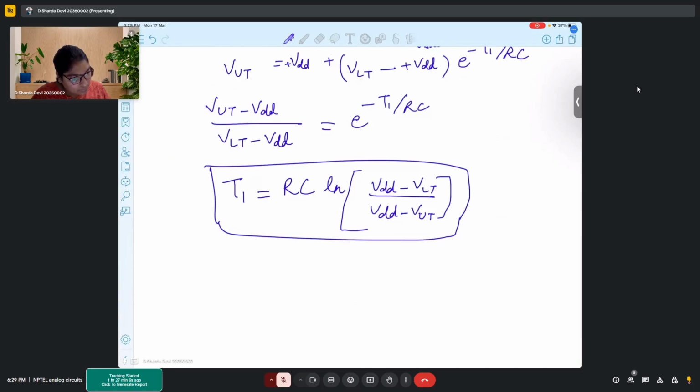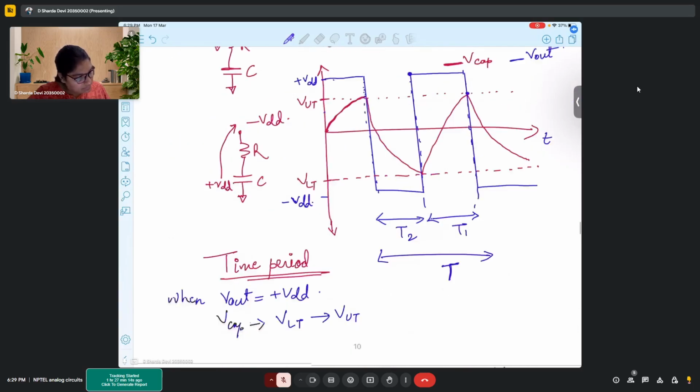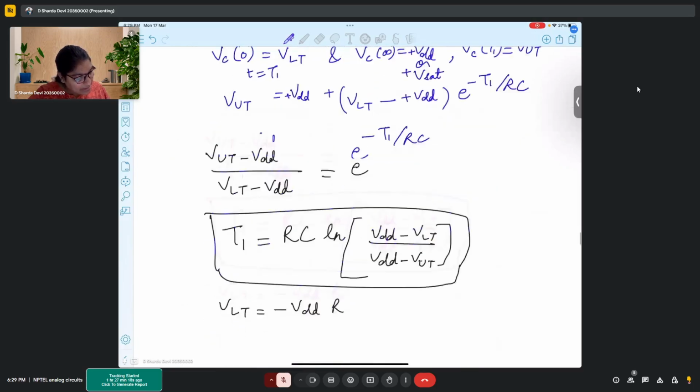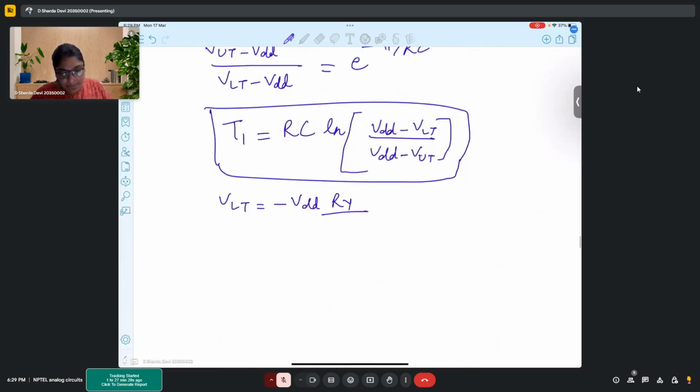Now VLT, we know it is nothing but minus VDD into RY upon RX plus RY, and VUT is nothing but plus VDD into RY by RX plus RY.